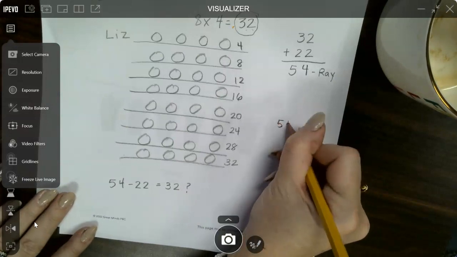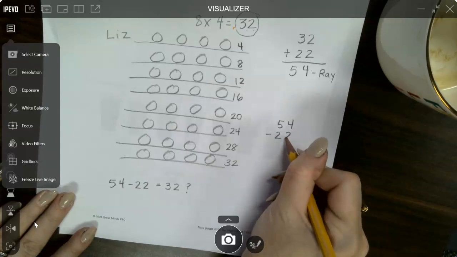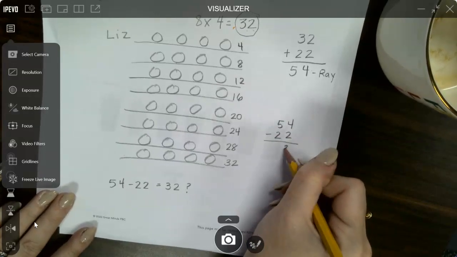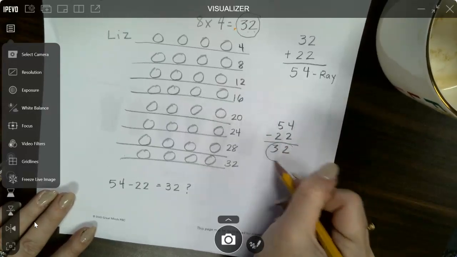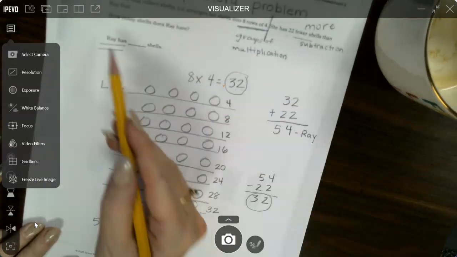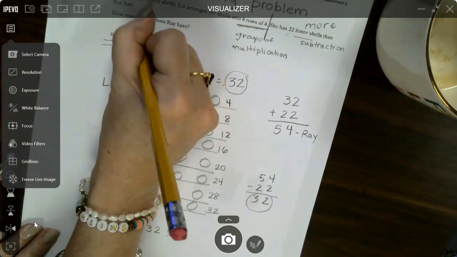I could check by doing a standard algorithm. I could line it up and subtract. 4 minus 2 is 2. 5 minus 2 is 3. Yes, I can see using standard algorithm that that would give me the correct answer, meaning Ray's shells were 54.